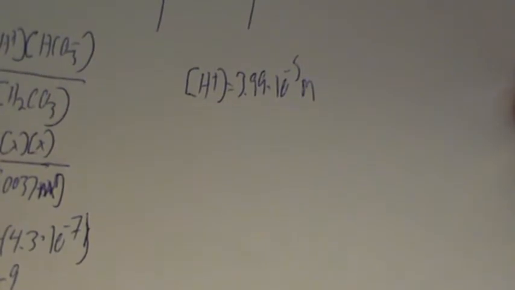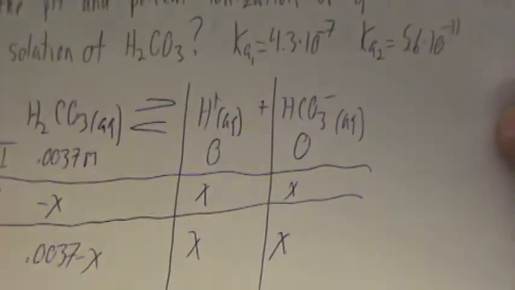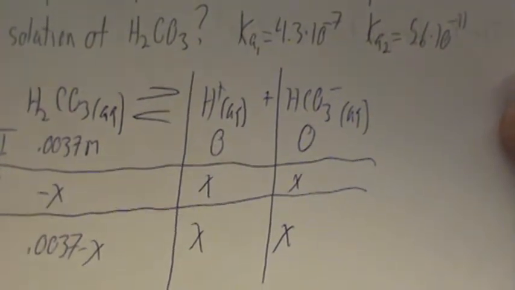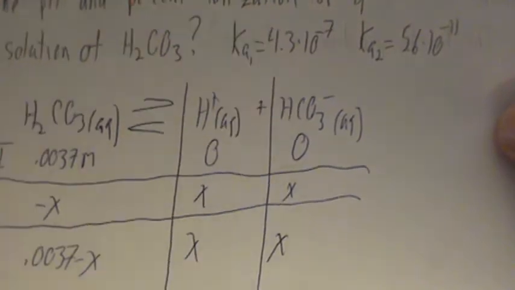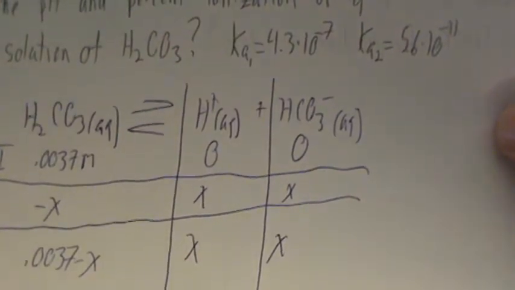Now, since we do have the second hydrogen in there, we could possibly set up another dissociation, breaking apart that hydrogen from the hydrogen carbonate to get the hydrogen ion and a carbonate ion.